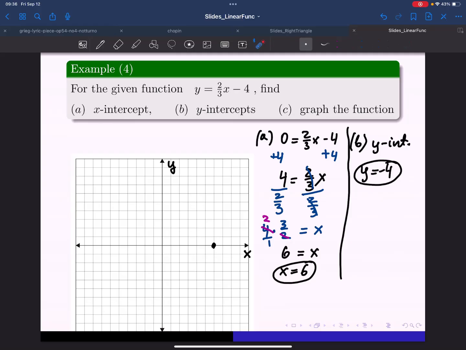On the y-axis we mark minus 4: 1, 2, 3, minus 4. And we can draw a straight line passing through those points. So this is my line, y is equal to 2/3 x minus 4.